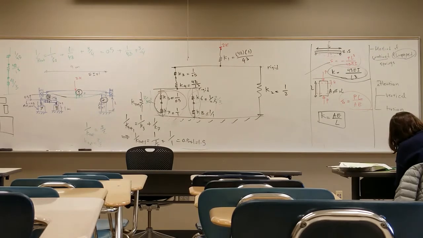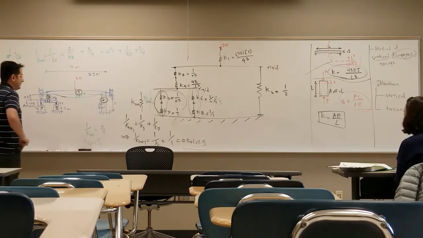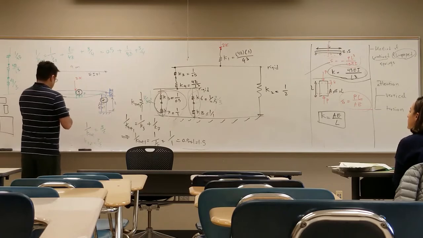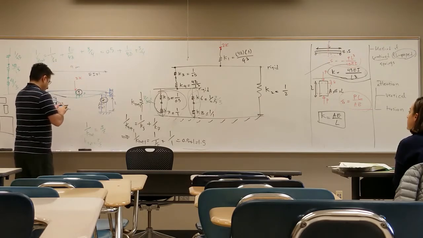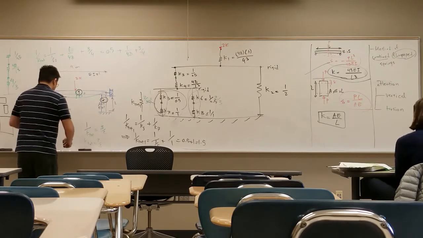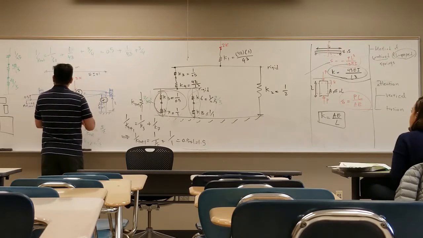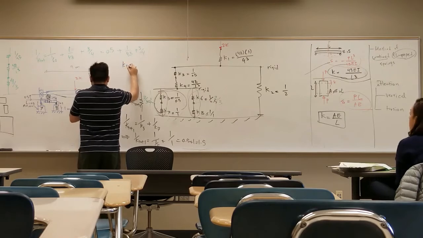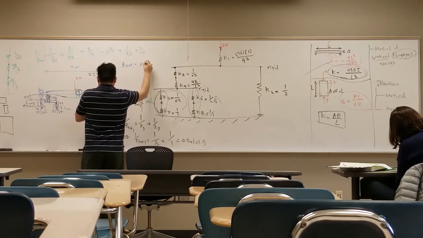We're going to have another new calculator soon after this. Half plus 1 over 48 plus 3 over 4 is 1.27. And then you invert it. Then 1 divided by the answer is 0.78, so K total is equal to 0.787.